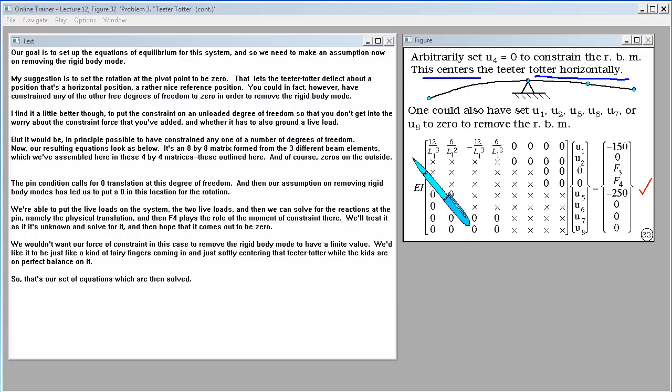It's an 8x8 matrix formed from the 3 different beam elements, which we've assembled here in these 4x4 matrices. So you get these outlined here.